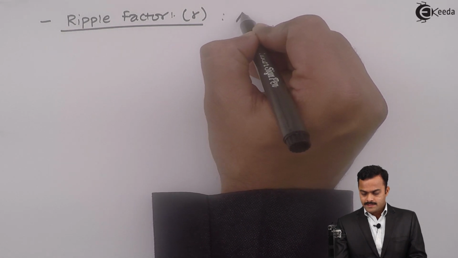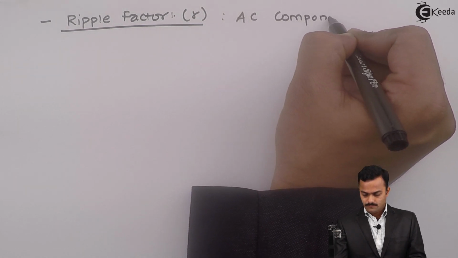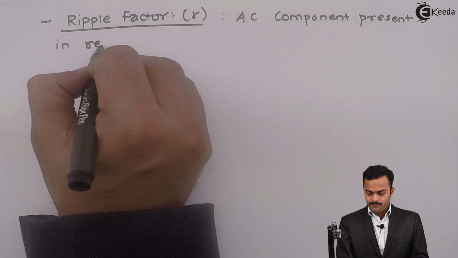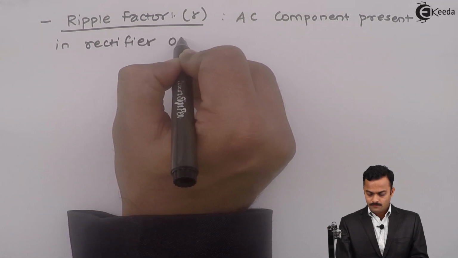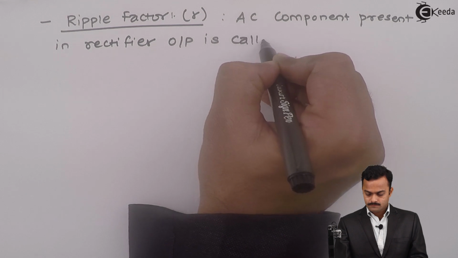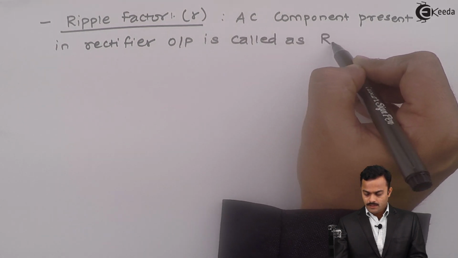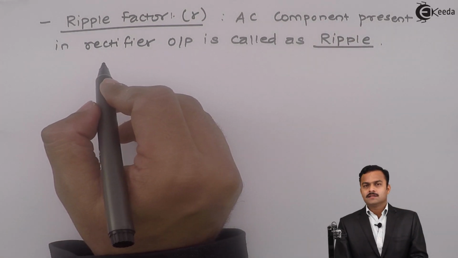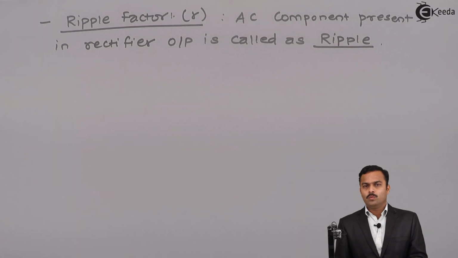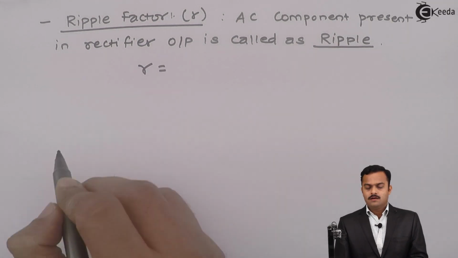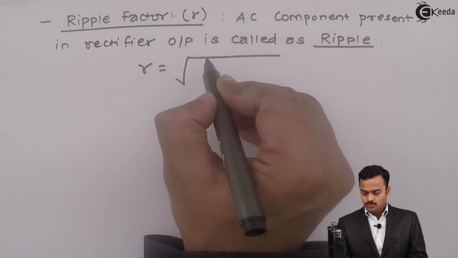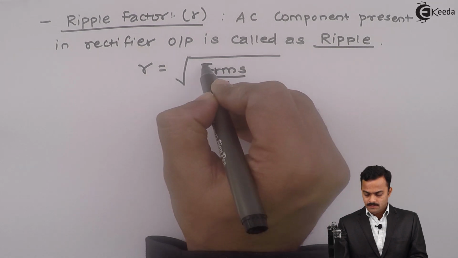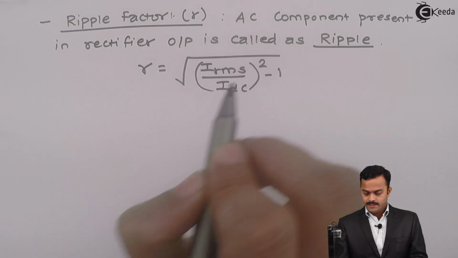So, the AC component present in rectifier output is called ripple, and ripple factor is the ratio of that component with the DC component, and it is given as root of IRMS upon IDC the whole square minus 1.